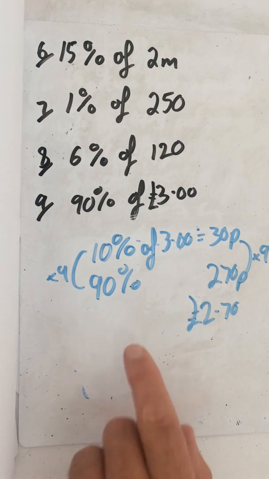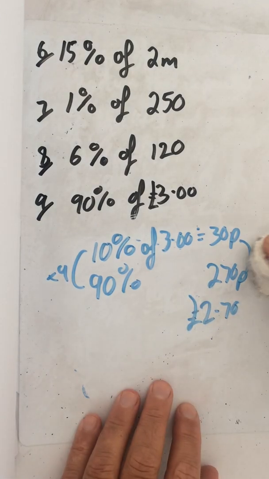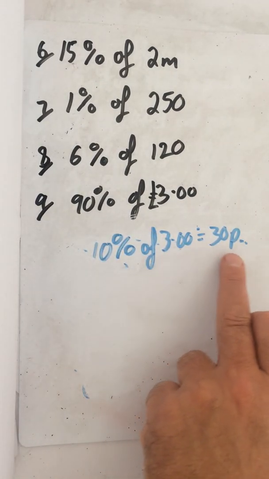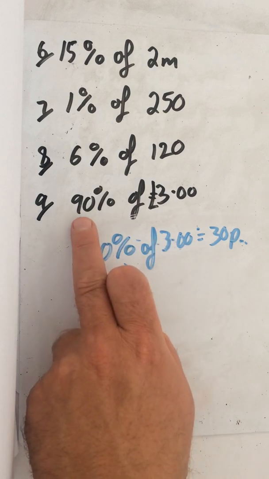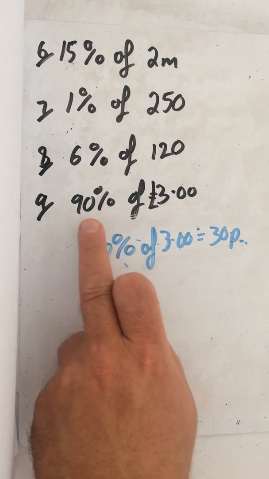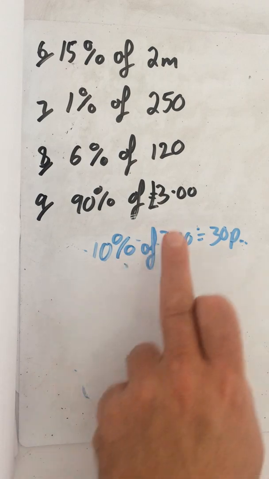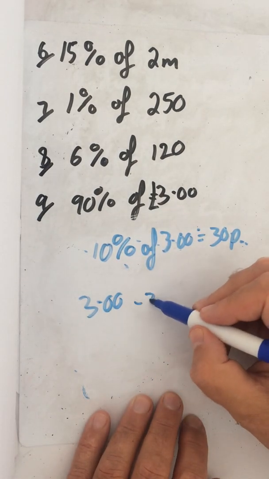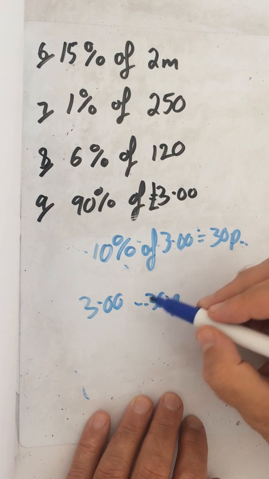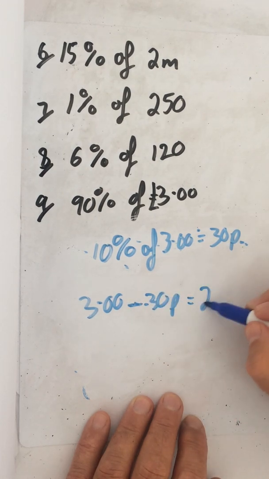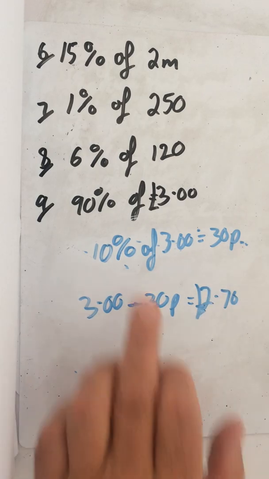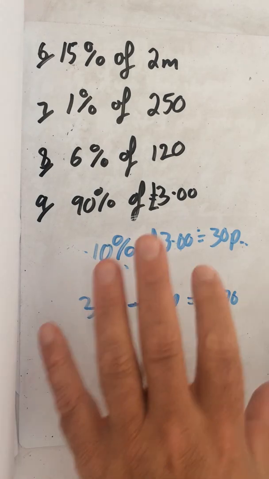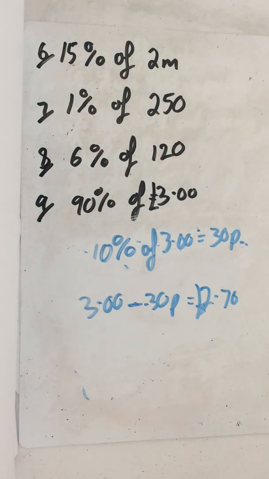I could do it that way, and that's great if you've done it that way. Or I could do 10% of £3 is 30 pence, and I want to find 90%, so I just need to take this 10% away from £3. So £3 minus 30 pence will also give me £2.70. Some of these ones are quite tricky, so don't worry too much if you can't do those ones.